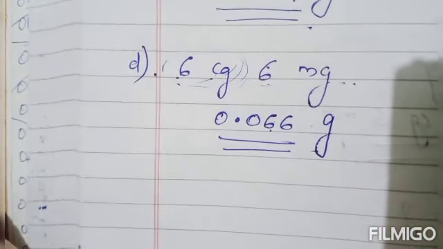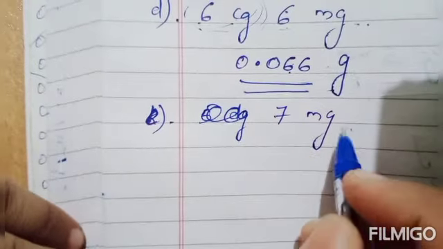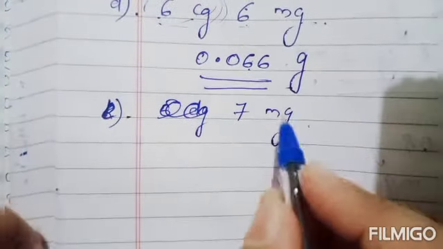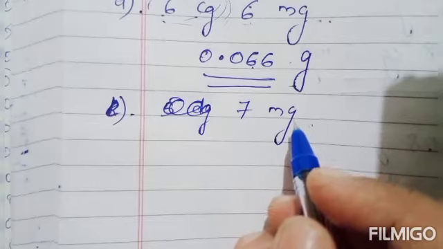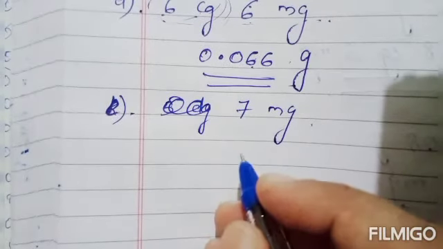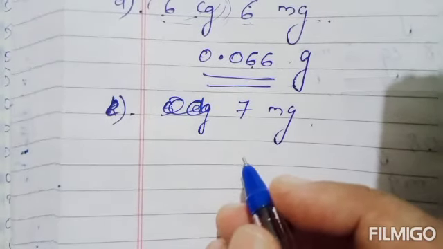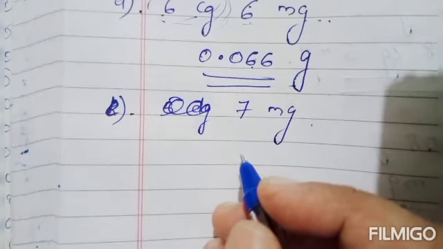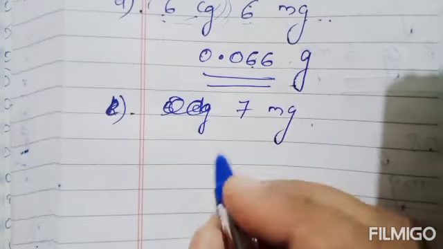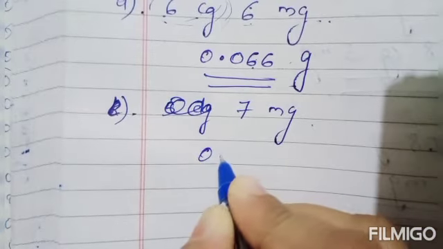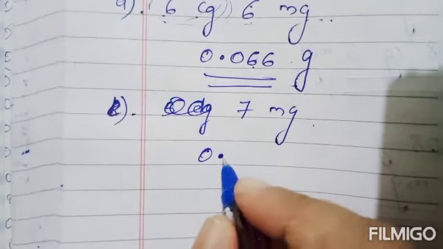Next E, 7 milligram. So here only milligram is given. So in the gram's place, decigram's place, centigram's place, you have to put 0. Gram will come before the decimal point. So 0 point.